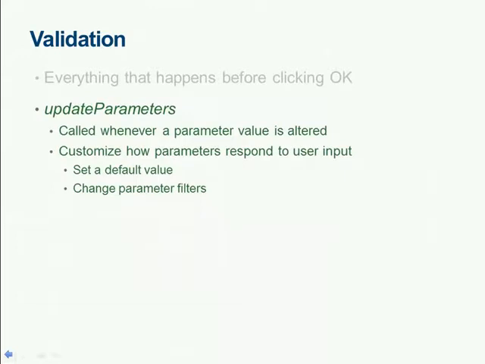We can use this method to customize how parameters respond to user input. For example, if we populate the first parameter, based on the value that was entered, we could set a default value for another parameter in the tool. Or we could change the allowable values or the filter for another parameter based on the value inputted into another parameter.